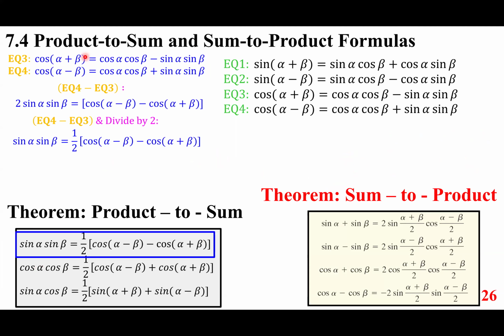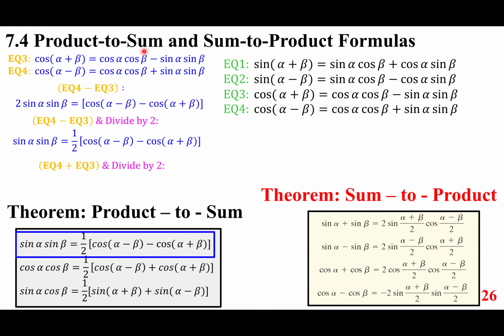Now, let's add these two and divide it by 2. In other words, 1/2 of cosine of alpha plus beta and cosine of alpha minus beta, in any order you want to write it. If you add them up, these two cancel each other. You have 2 of this, but you're going to divide by 2.